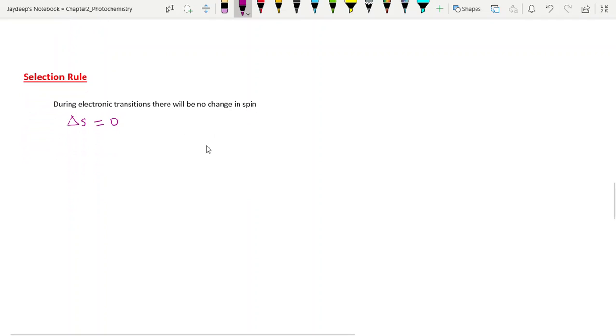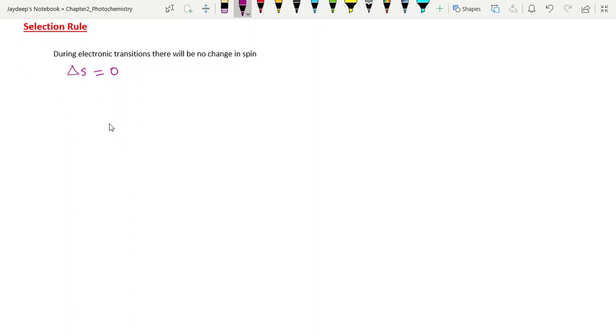Now let us understand the selection rule. The selection rule totally depends upon the electronic excitation that occurs in photochemical reactions in molecules. The rule says that during electronic excitation there will be no change in spin. You can see here, the rule statement is that during electronic transition there will be no change in spin. It means delta S is equal to 0.